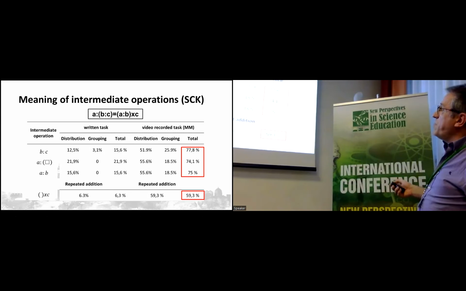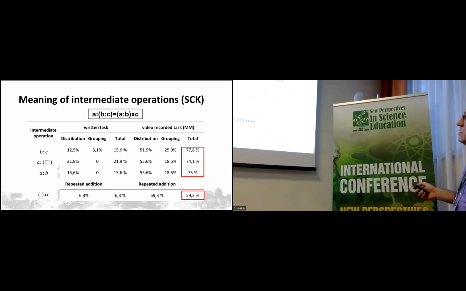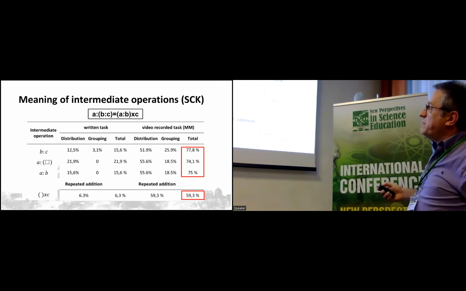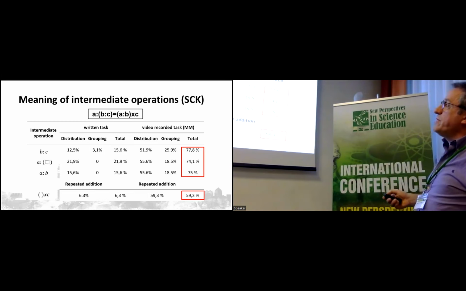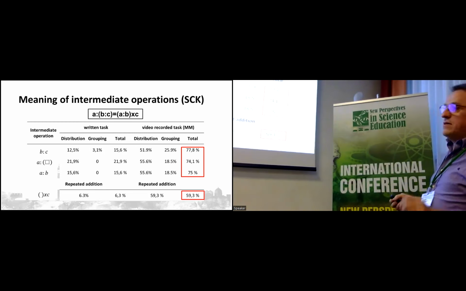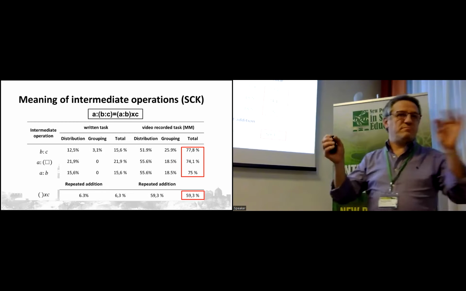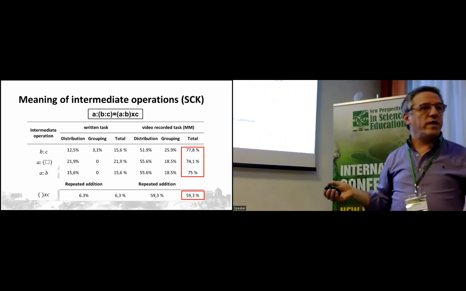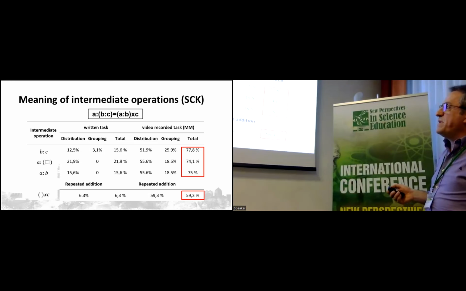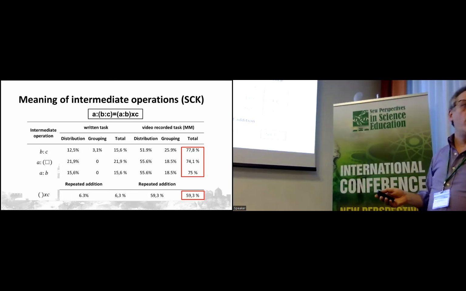So most people, when constructing the video recorded task, show important meanings. The multiplication is just a repeated addition. And many people doing the written task just made the accountancy or just made some simple drawings, no special meaning other than the formal one.